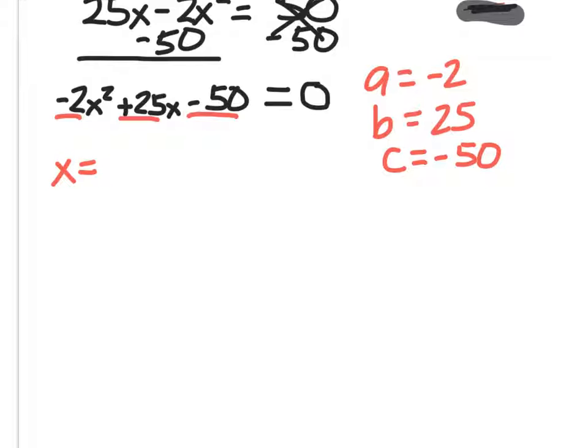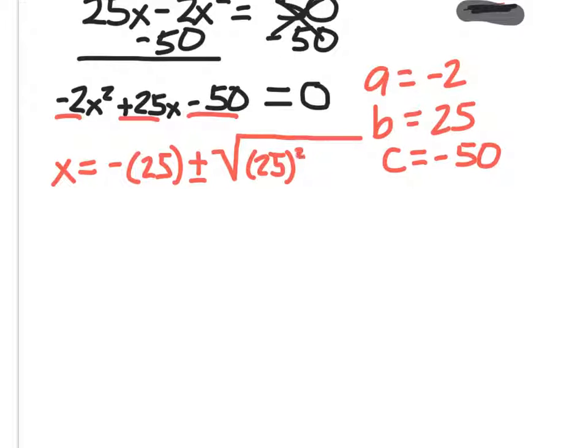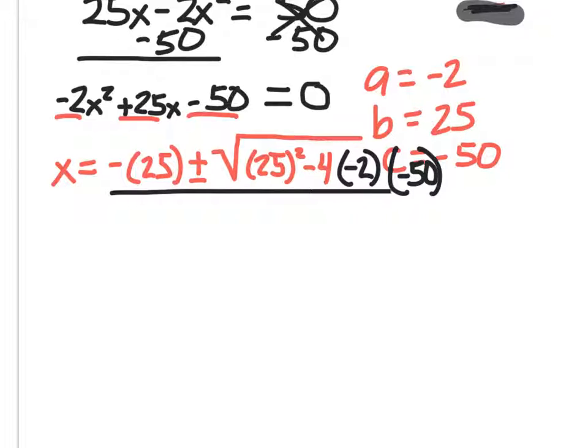X equals negative b plus or minus the square root of b squared minus 4 times a times c. A is going to be a negative 2 and c is going to be a negative 50. And that's all going to be over 2 times a.